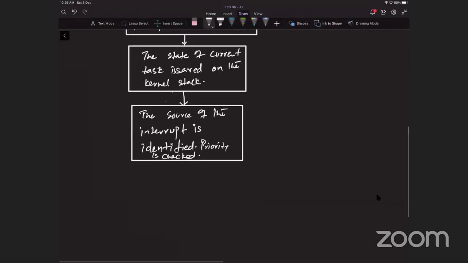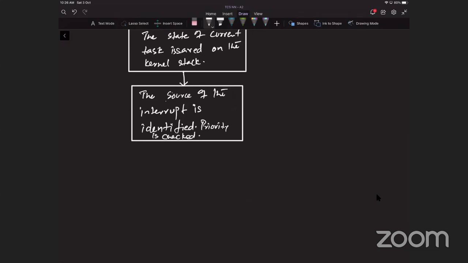Now the system jumps to the interrupt service routine, and it is loaded using the interrupt dispatch table, IDT. For example, it may be necessary to display an error message on the user screen, so this will all be decided at this level.